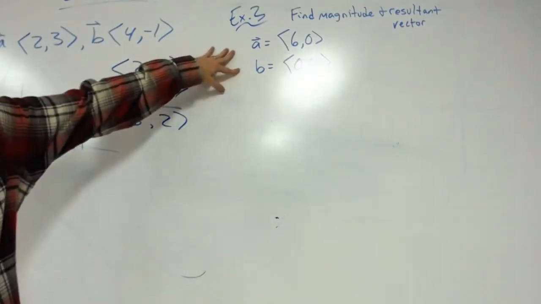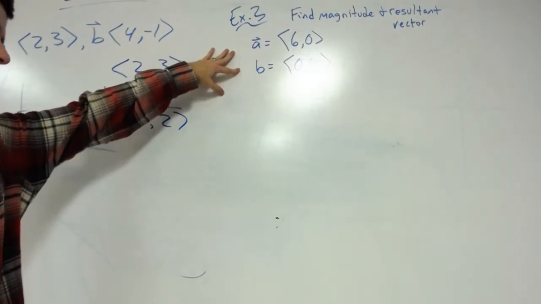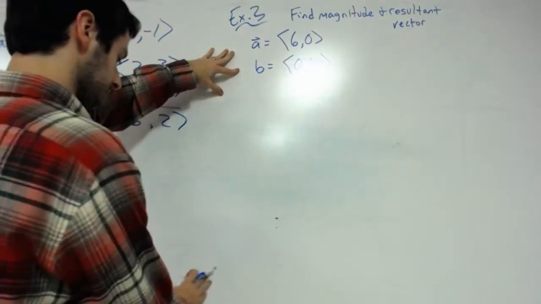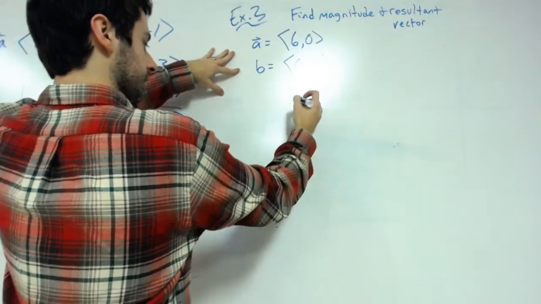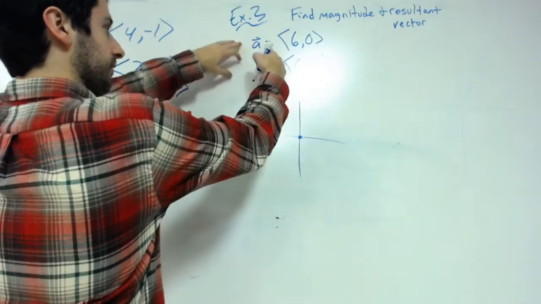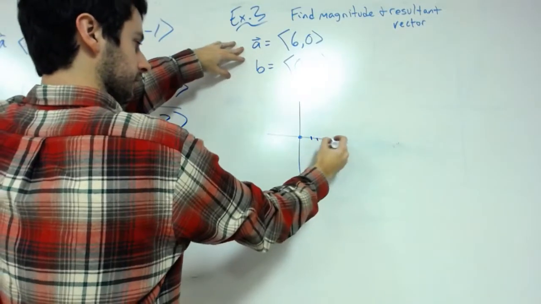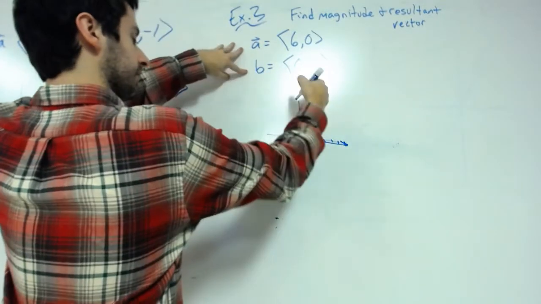So, if I was going to find the magnitude and resultant vector, I'm going to show you this by drawing a triangle. Okay, imagine we're, boom, at 0, 0. And vector A is 6, 0. There's 6, vector A. Vector B is 0, 4.